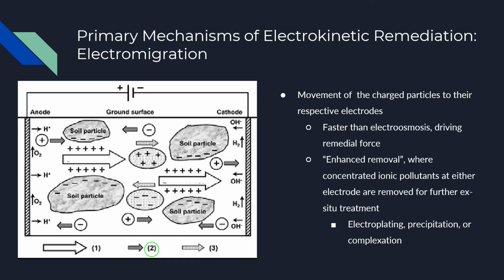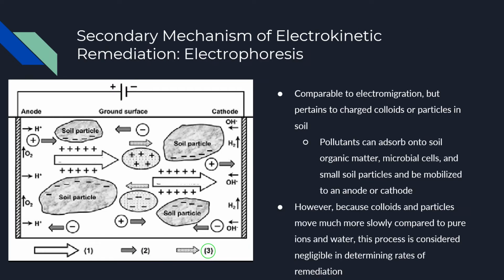At the electrodes, contaminants can be removed by being electroplated, precipitated out, or complexed through ionic exchange resins. Finally, a more secondary mechanism of electrokinetic remediation is the process of electrophoresis.